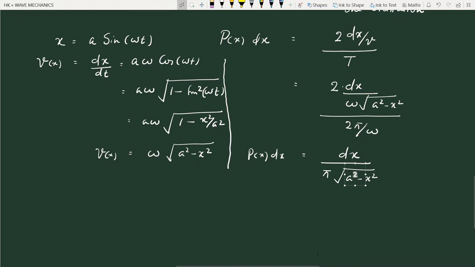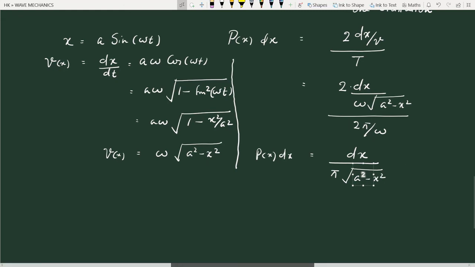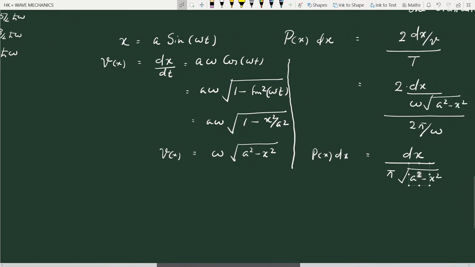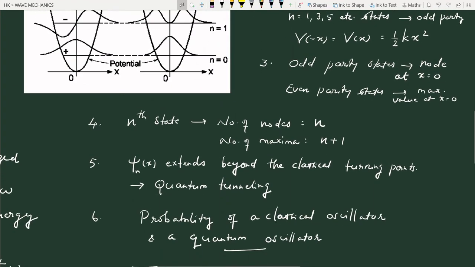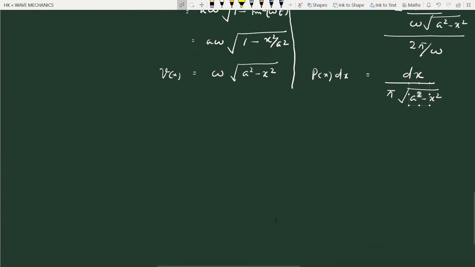Let us try to plot this, and we will compare it with the quantum result. Let us plot it here, near the side.